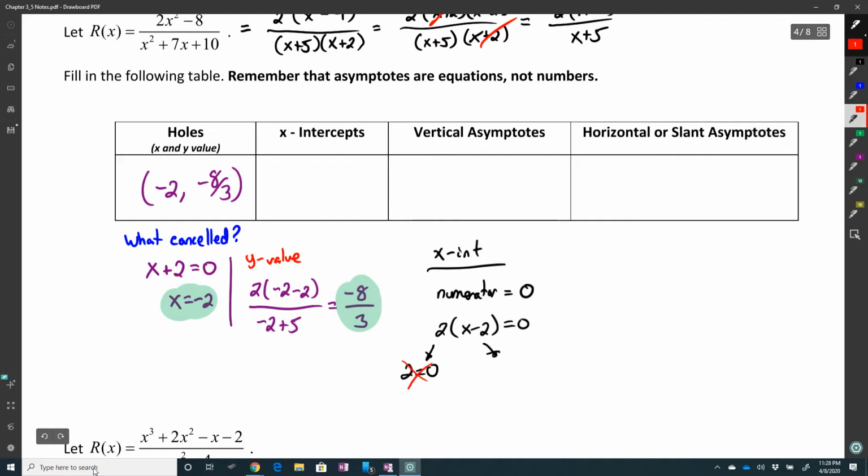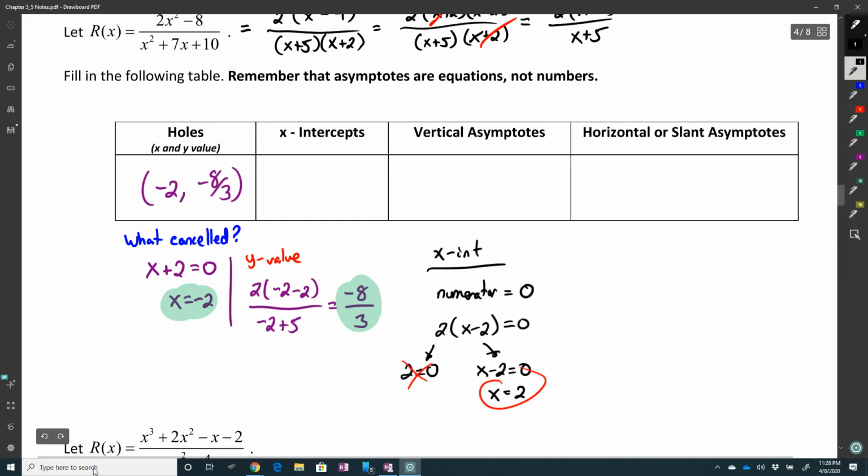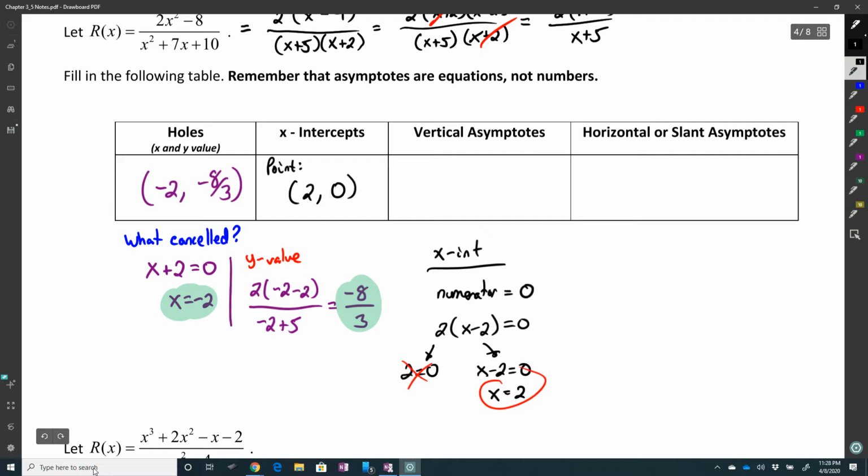But this other one is x minus 2 equals 0, x equals 2. And so I have one x-intercept, and that's going to be at the coordinate 2, 0. Remember, this is also a point.